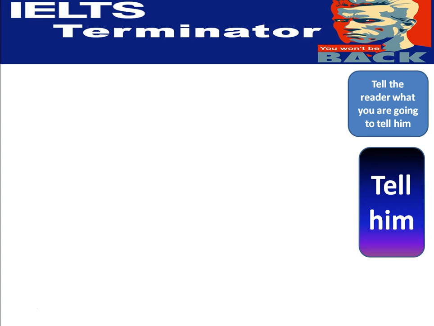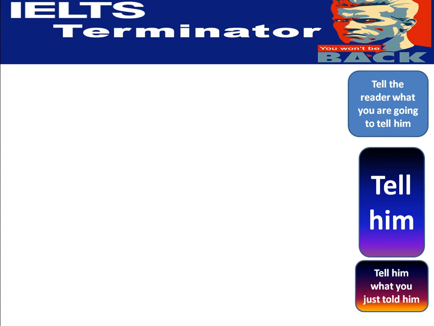Next, tell him. And then tell him what you just told him. This is the formula that wins in presentations and in essays. Tell the reader what you're going to tell him. Tell him. Tell him what you just told him. Sounds a bit strange, but it's the formula that works.